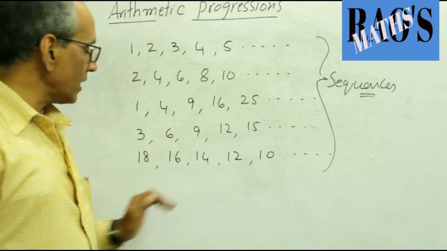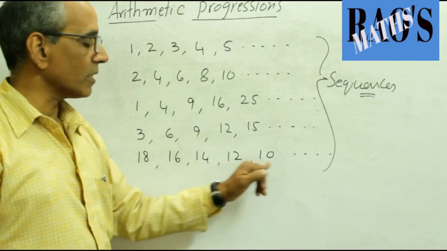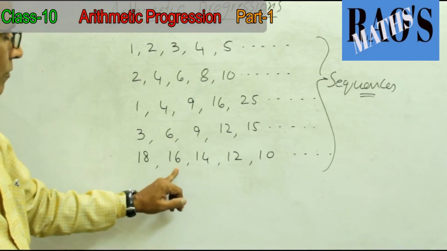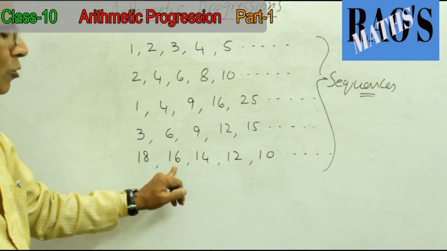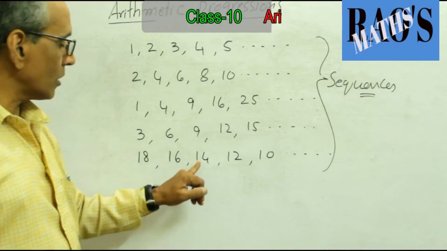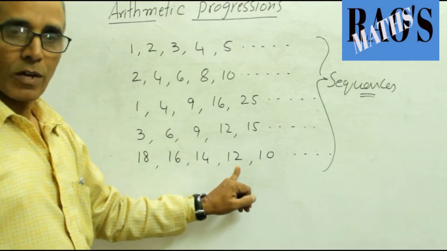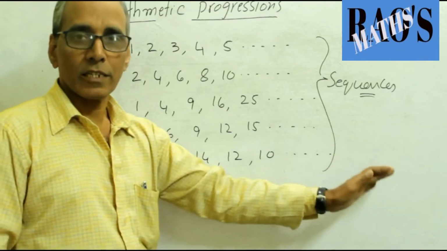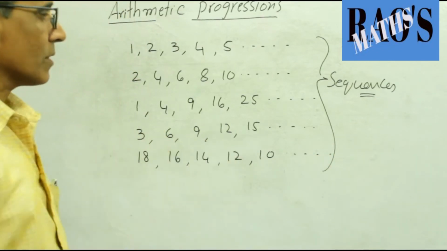And here 18, 16, 14, 12, 10, I get the next number by decreasing by the same value every time. See, 18 is decreased by 2 to get 16, and 14 is decreased by 2 to get 12, and 10 is to be decreased by 2 to get the next numbers. These are all sequences.